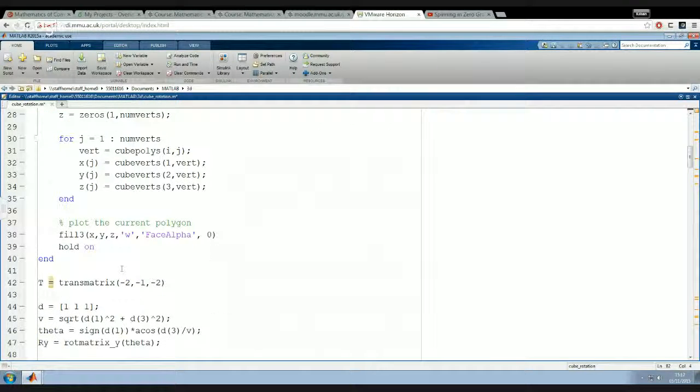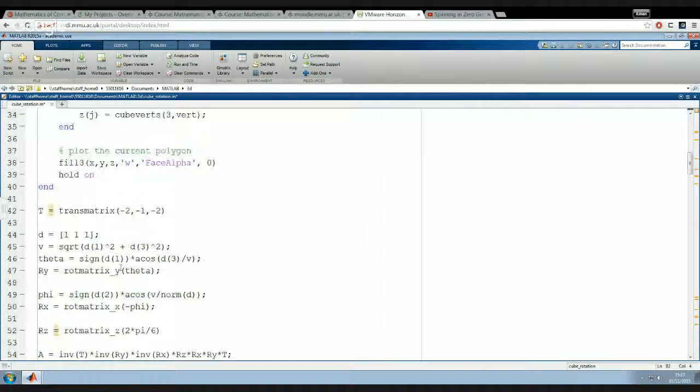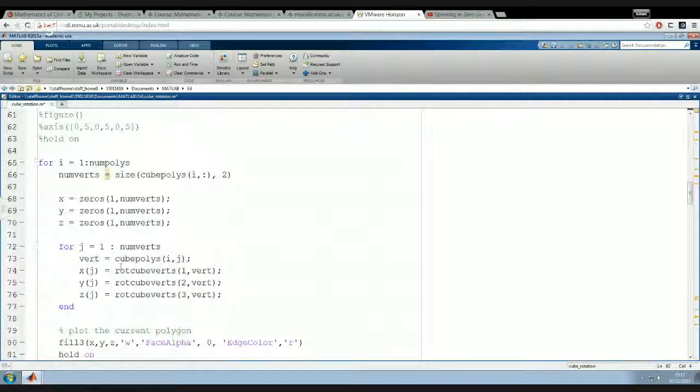And then I get the program to just go through exactly the same plotting routine. This another numpolys loop, which plots the 6 faces. And this time I'm going to plot them with edge color R. So that will plot it in the red edges as opposed to the black edges of the original one. And it will superimpose the 2 cubes.